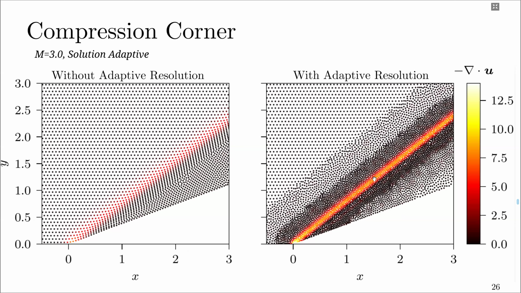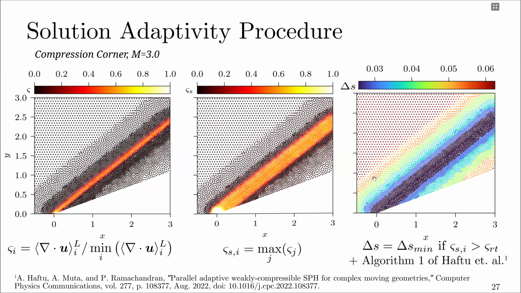The way we do this is we identify the minimum of divergence of velocity within the domain, and we normalize our divergence with this, and we call it var sigma. We spread this var sigma around, and then if var sigma is greater than a threshold, we mark those particles with a minimum reference spacing.